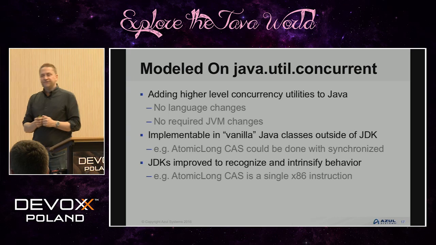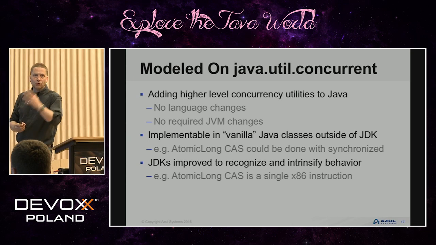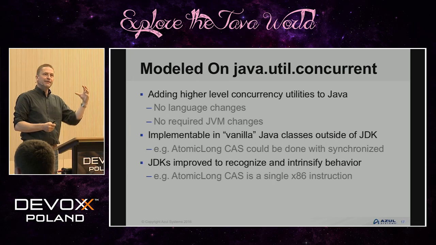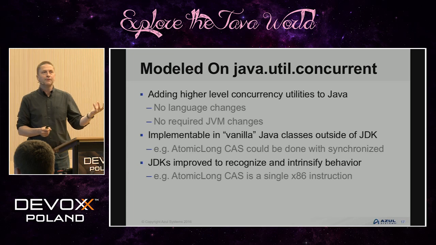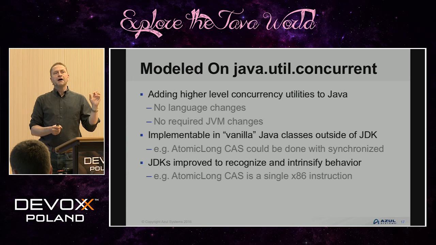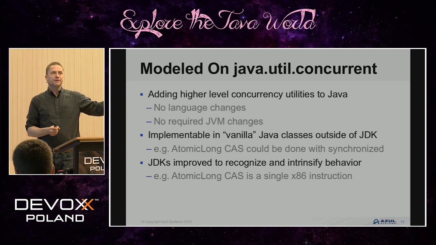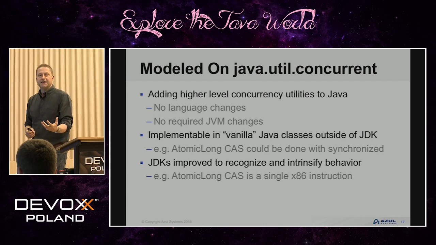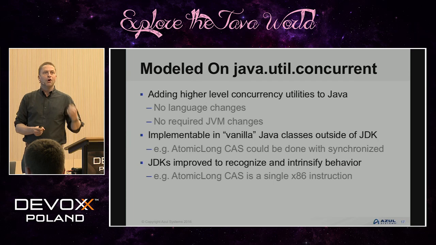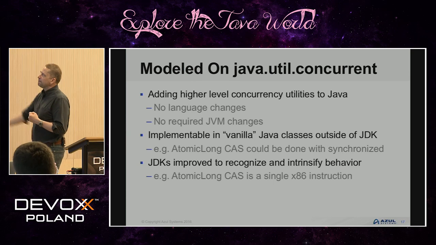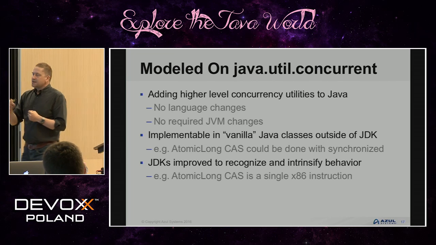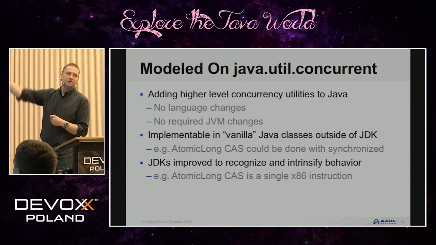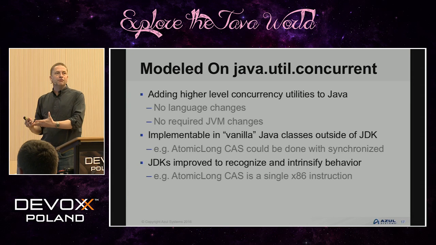When in JDK 5, that got brought into the standard class libraries, suddenly the JVM was able to know about these standard libraries. And so what it could do is say, right, I recognize that these are part of the standard libraries, and I can do things underneath which will optimize behavior. It will optimize performance for these things. A good example of that is if you look at an atomic long compare and set, you can actually write that using synchronized blocks.